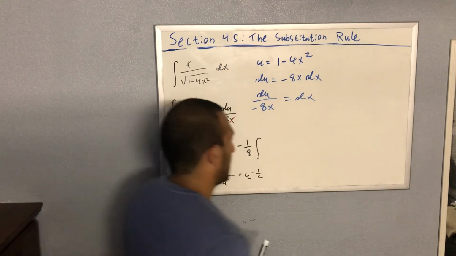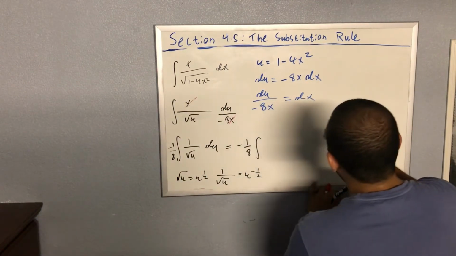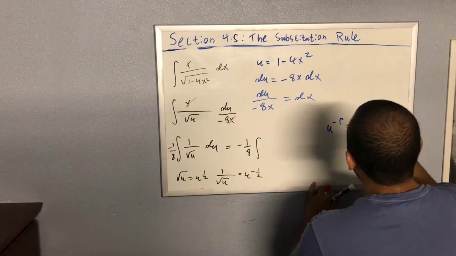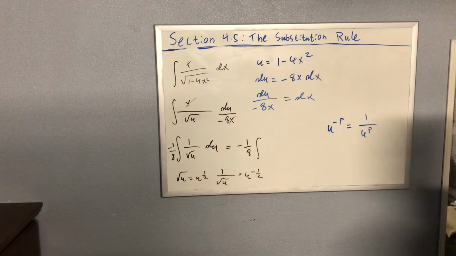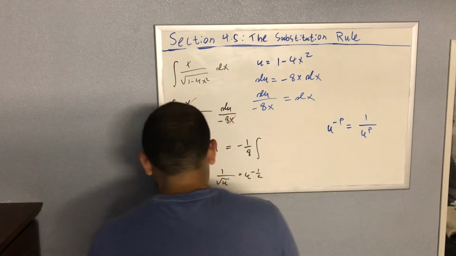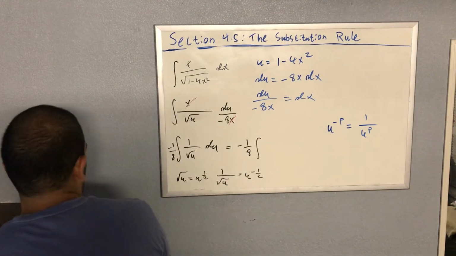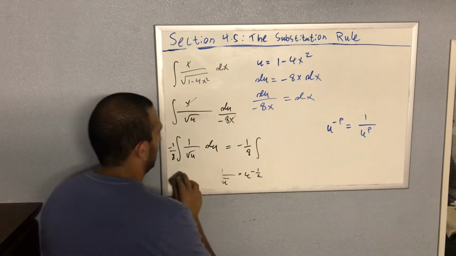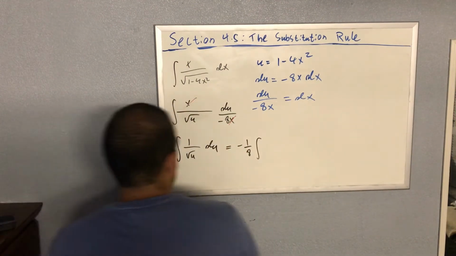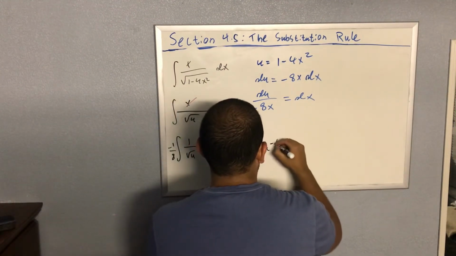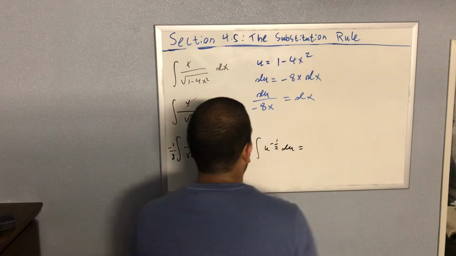I mean, if you have u to a negative power p, that's 1 divided by u to the positive p. So that's why this is u to the negative 1/2 du.